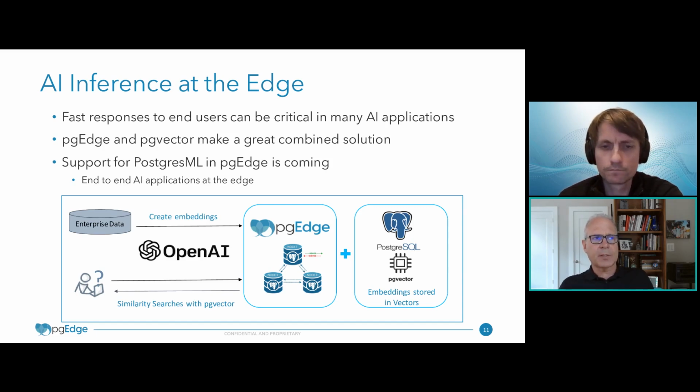You can access Azure OpenAI, not OpenAI directly, but Azure's OpenAI implementation is implemented on a regional basis, which is also important if you're having to deal with those data residency, data sovereignty requirements. So AI inference at the edge is a thing, and pgEdge can play a role in making that happen.